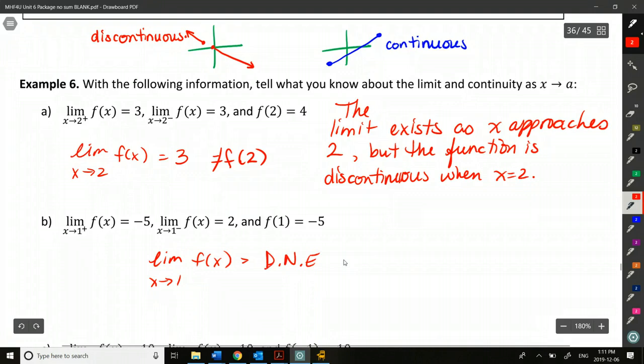And immediately, once I have this, I don't really care about anything else. The function is discontinuous. If the limit doesn't exist when x approaches 1, the function is immediately discontinuous at that point. So therefore, we can say the limit does not exist when x approaches 1 because the left and right limits are not equal.